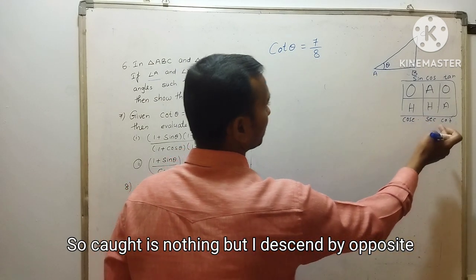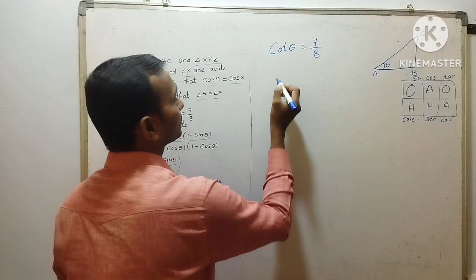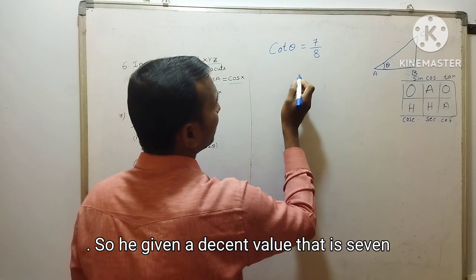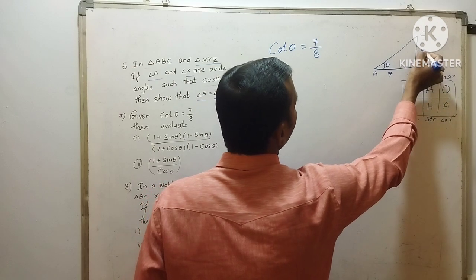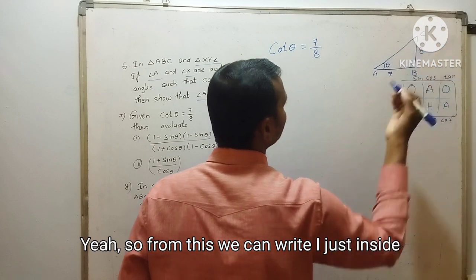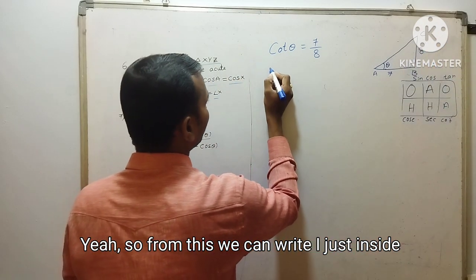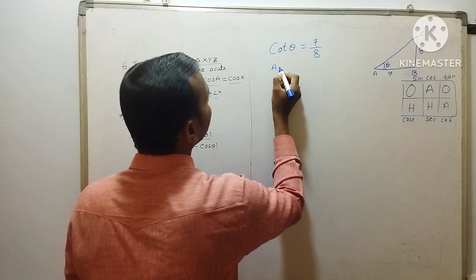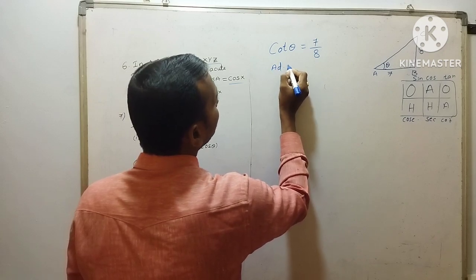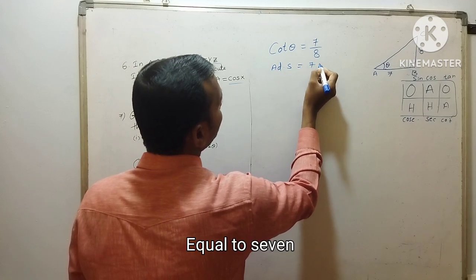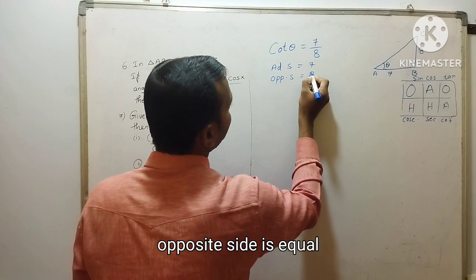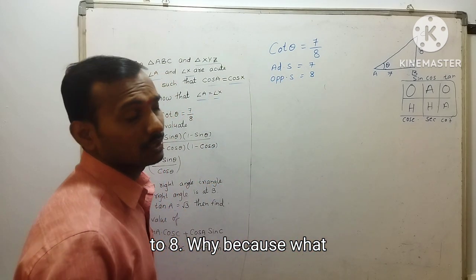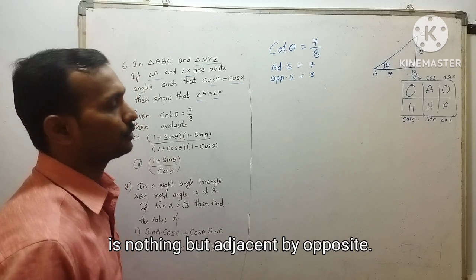So cot is nothing but adjacent by opposite. So he has given adjacent value 7, opposite value 8. So adjacent side is equal to 7, opposite side is equal to 8. Why? Because cot is nothing but adjacent by opposite.